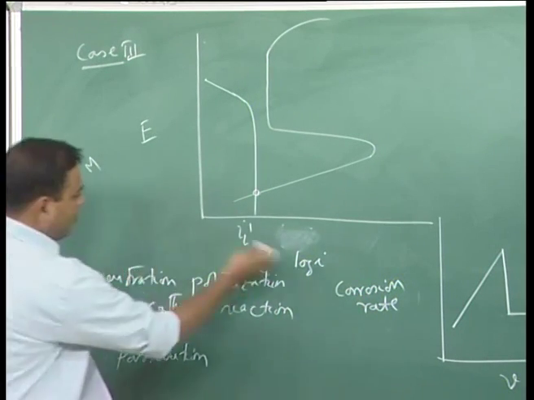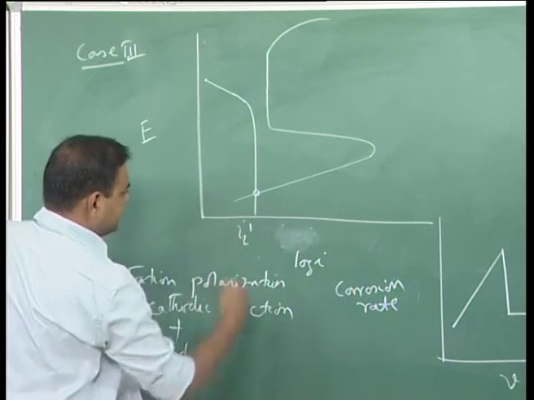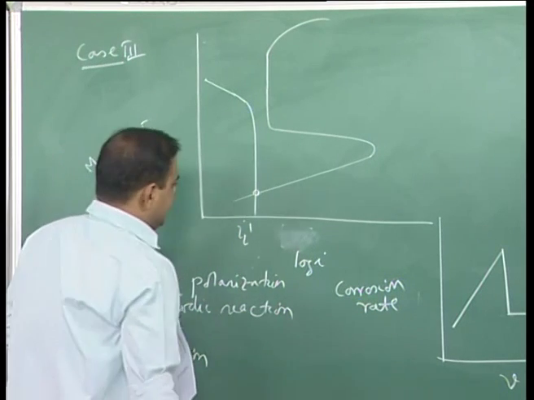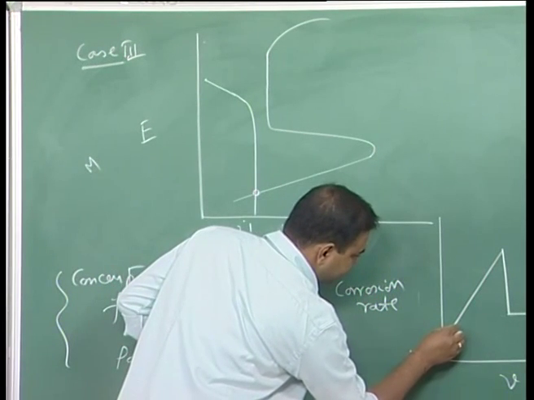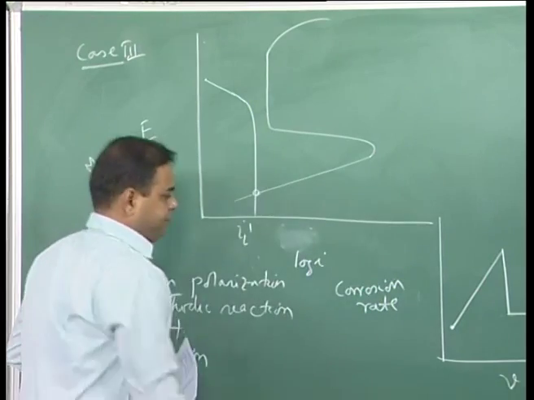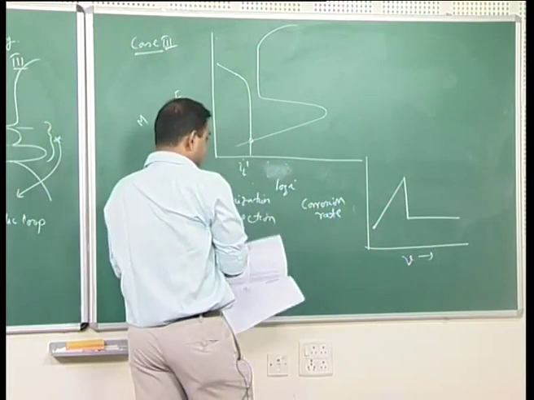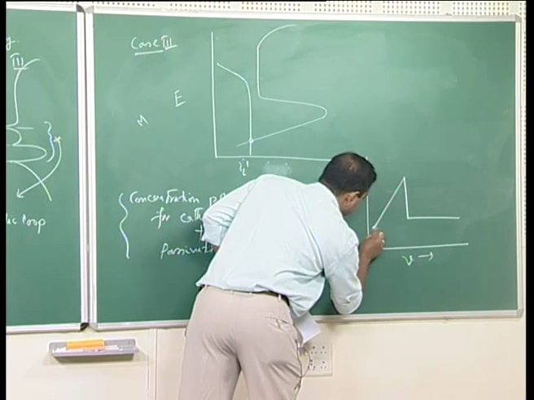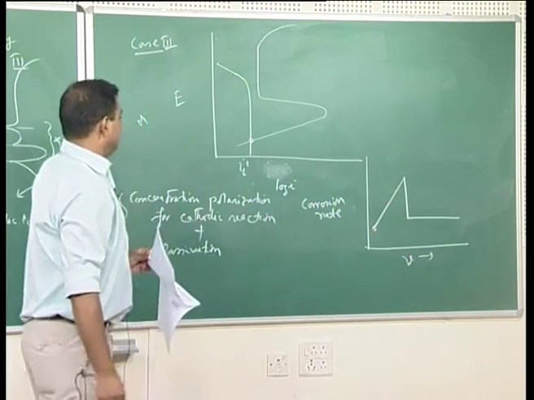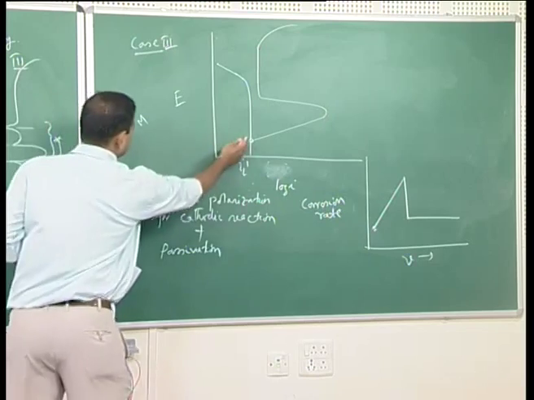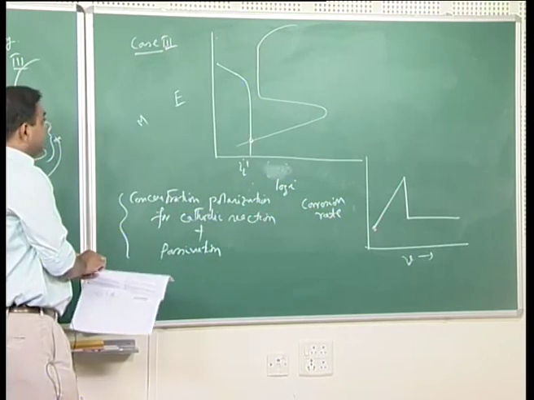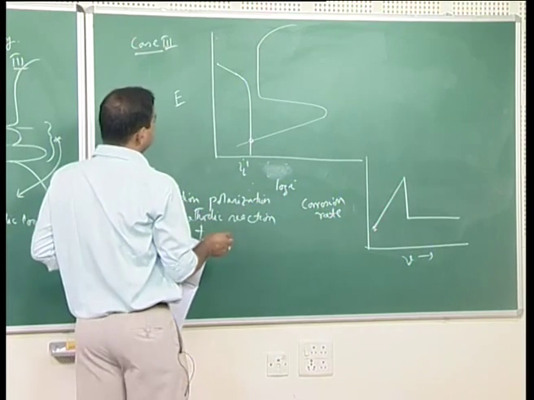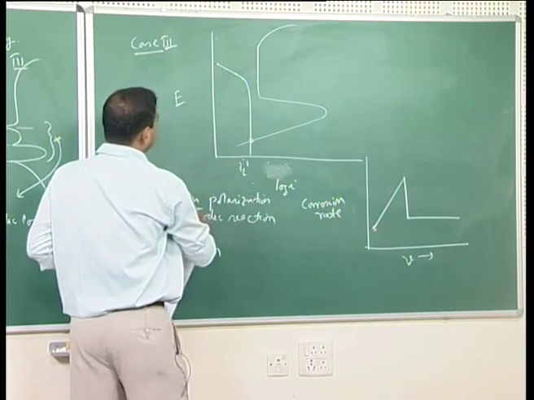So, let me go there and start plotting that. In that case my corrosion rate would be, let us say, this. Let me put it in red color just on the side of this. This is my corrosion rate, corresponds to this. Now, I increase the velocity. As I increase the velocity, IL would increase.